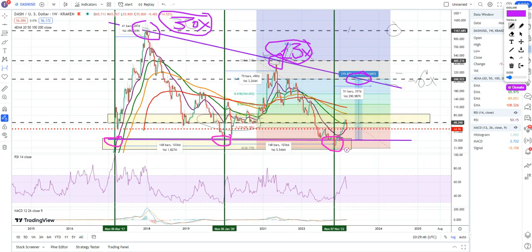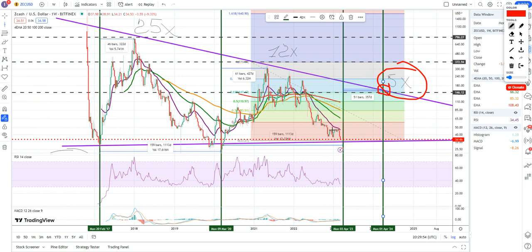You see here, Dash to Zcash is 1.6, 1.7, okay? You can multiply 1.6, 1.7 on 5x. So it will give you 10x profit. You understand? 10x profit. You can make it if you are leveraging a strong coin which already started to rise.